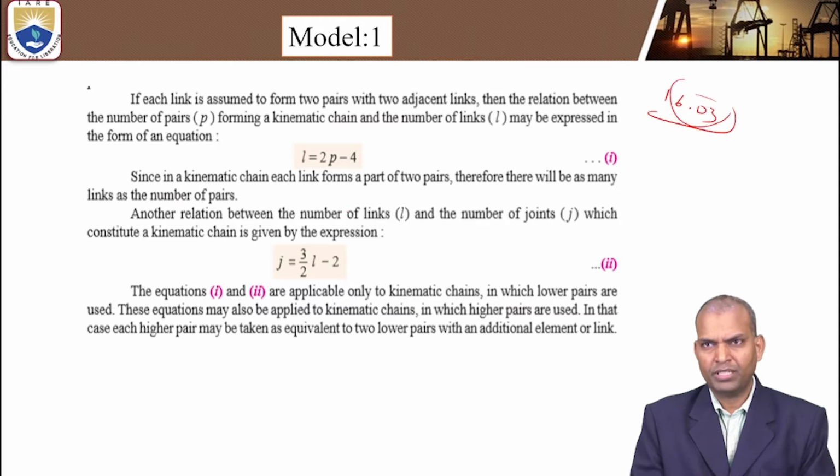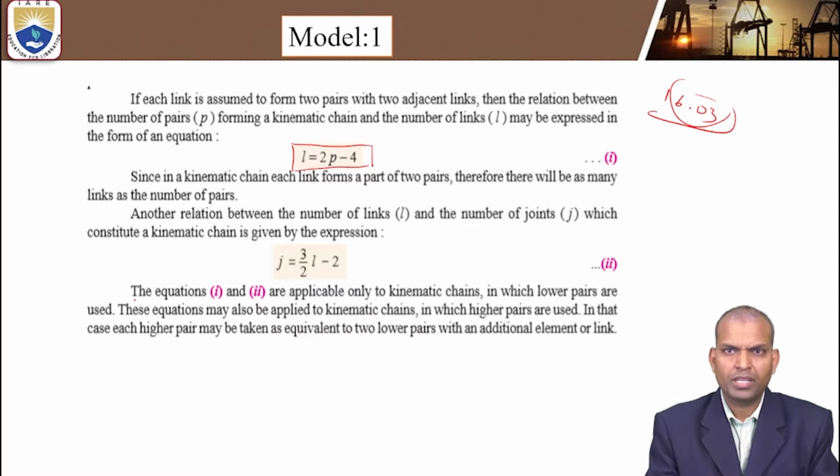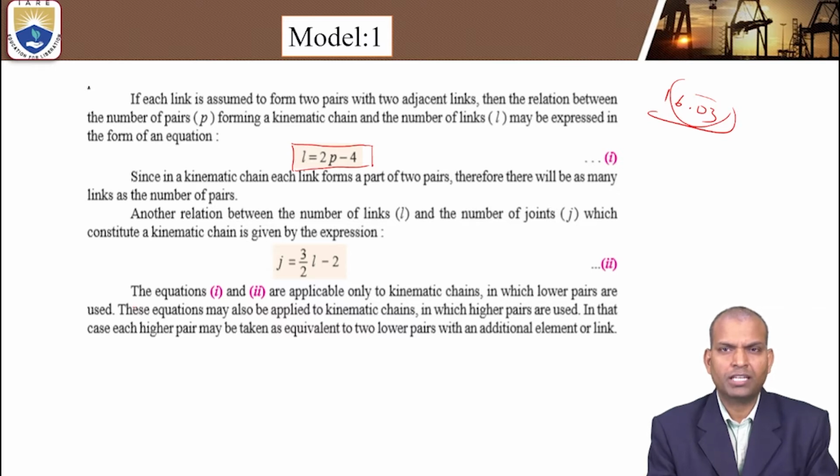Since the relation between number of links and pairs is L equal to 2p minus 4, where P is the number of pairs and L is the number of links, if the mechanism satisfies this equation, then we call it a kinematic chain.